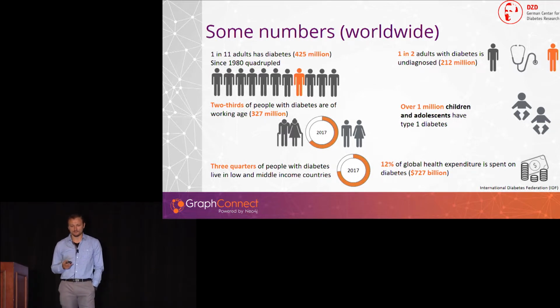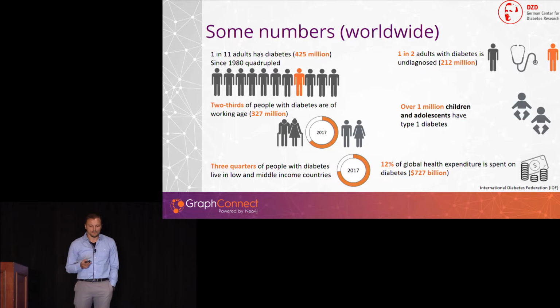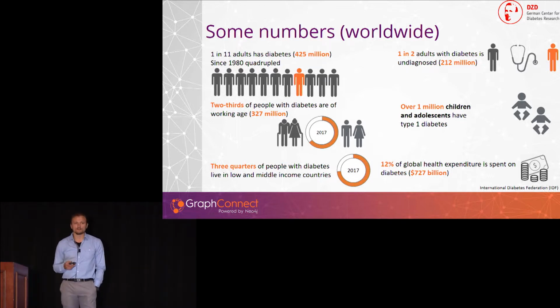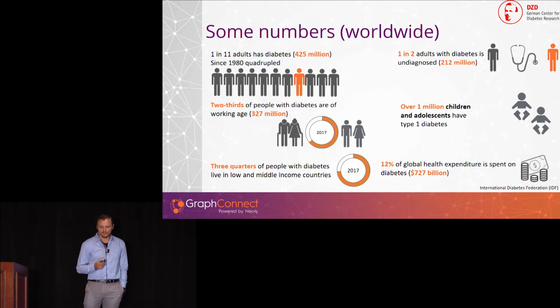This is a very problematic thing. We have more than 1 million children suffering from diabetes, mostly type 1. And 12% of all healthcare costs are caused by diabetes. So it's a severe problem. We have to deal with this.